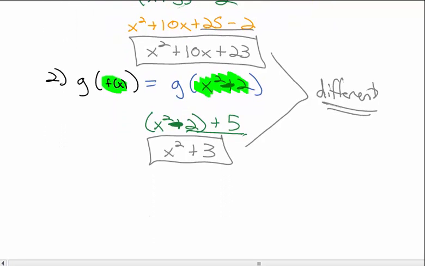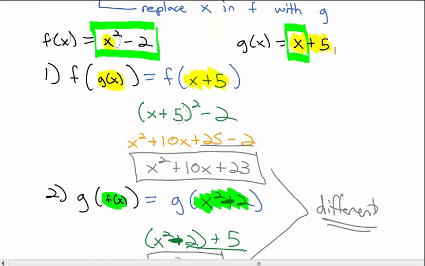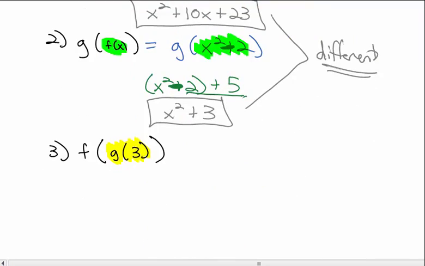And we can do the same exact process with a number. We can find f of g of 3. On the inside we see this g of 3. Essentially what it's asking us to do is go back to g and find 3 plugged into that. So g of x is x plus 5, so g of 3 is 3 plus 5, or 8.